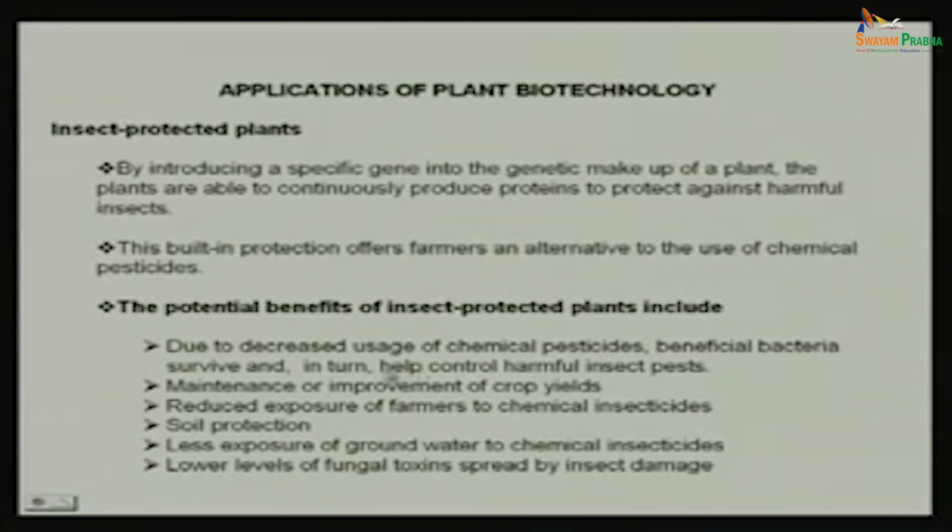In turn, it helps against the harmful insects. It maintains or improves the crop yield. It reduces the exposure of the farmer to chemical pesticide. Soil can be protected. There is less exposure of groundwater to chemical insecticide, and a lower level of fungal toxin spread by insect damage.